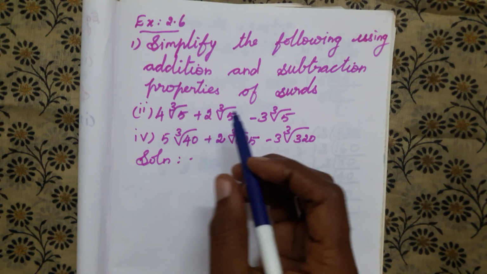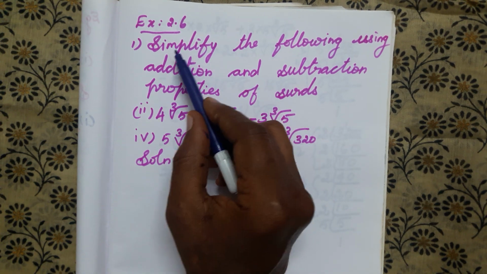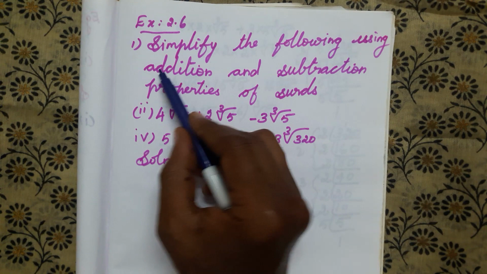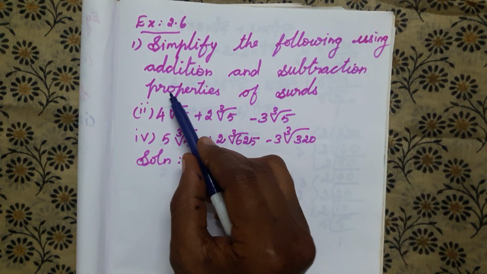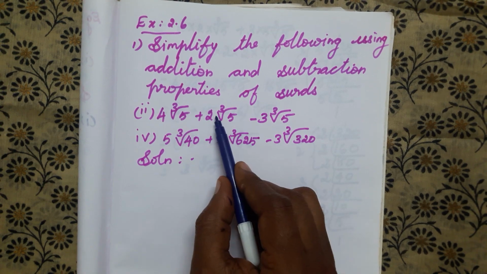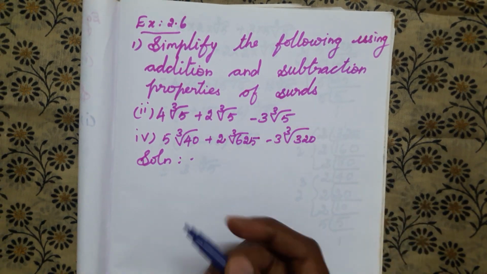Now I am going to explain exercise 2.6, first problem. Simplify the following using addition and subtraction properties of surds: 4 into cube root of 5 plus 2 into cube root of 5 minus 3 into cube root of 5.